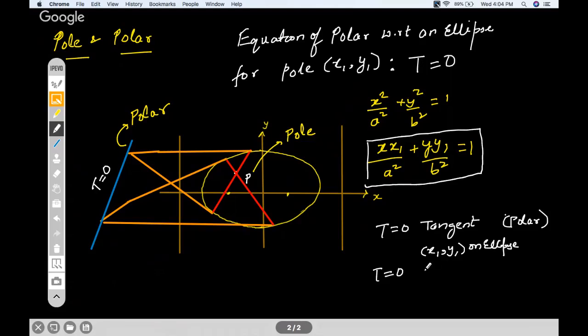T equal to 0 can also behave as the chord of contact. This is also a type of polar when the pole is outside, and T equal to 0 purely behaves as a polar when x1, y1 is inside.